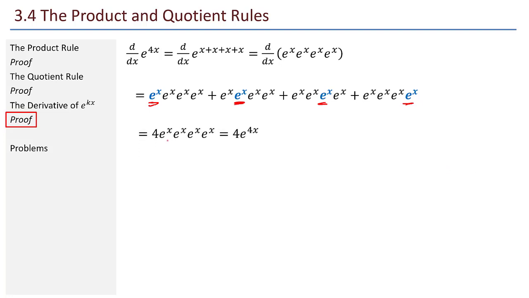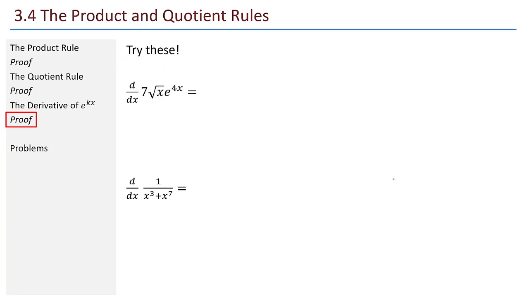Well, so this gives me 4 times e to the x, e to the x, e to the x, e to the x, which is 4 times e to the 4x. So there it is. The derivative of e to the 4x is 4 e to the 4x. So this indicates the general rule for the derivative of e to the kx, where k is any number.